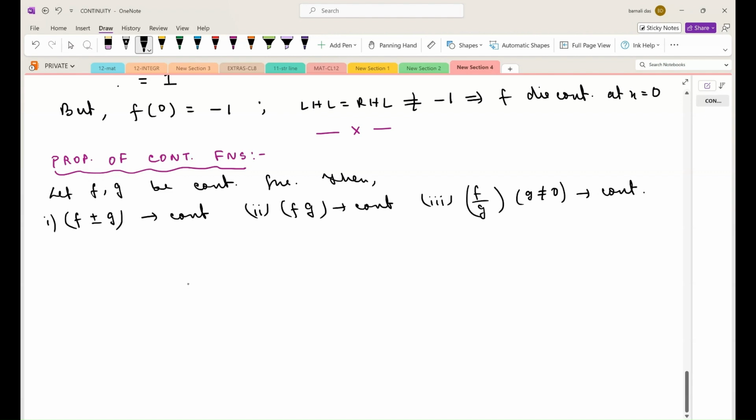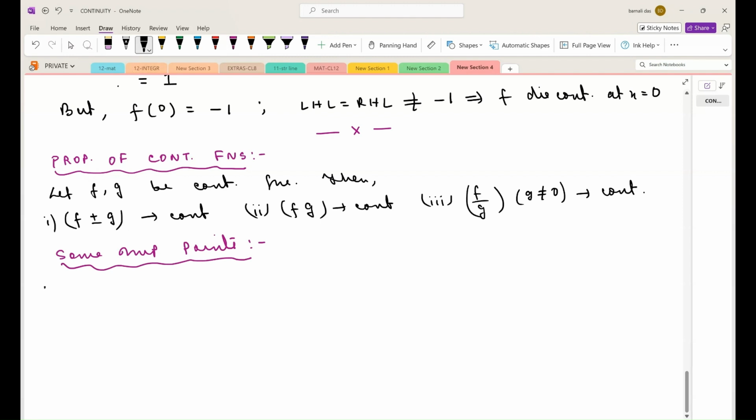Another important thing is some important points to remember, because these points help in doing some sums.